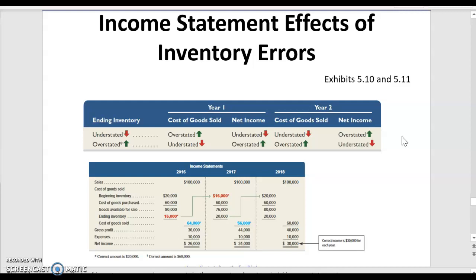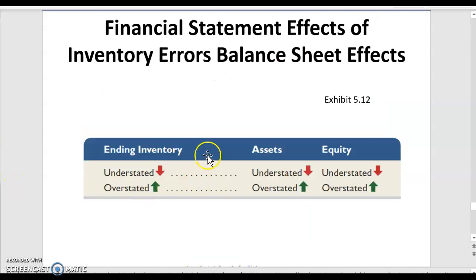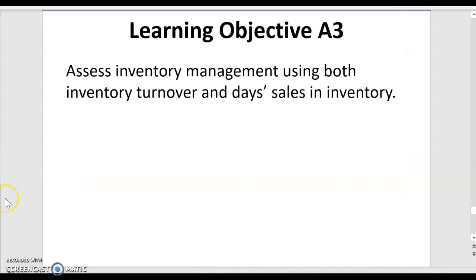So when we have our ending inventory not correct, we're not quite doing that. That's what happens in these year one, year two. It smooths itself out over the 2-year time period, but we have the amounts not correct for the individual years. There we go again, the financial statement effects of the inventory errors on the balance sheet.